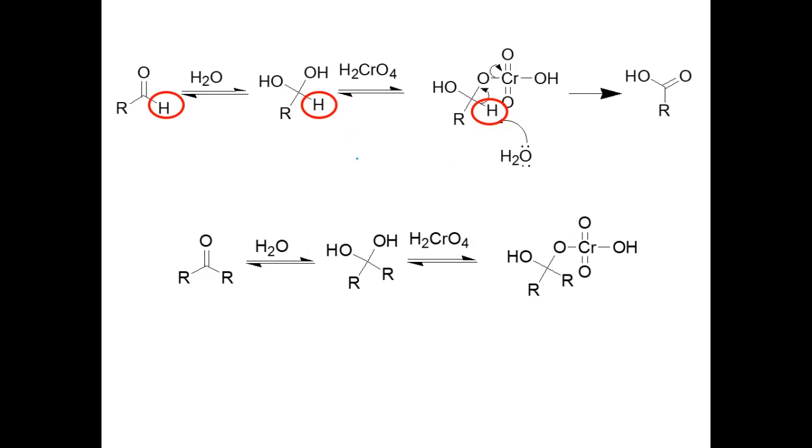Basically, chromic acid, you can view it like this. This hydroxy group is going to make a nucleophilic attack on this chromium, and then lose a water molecule to become the chromate ester.